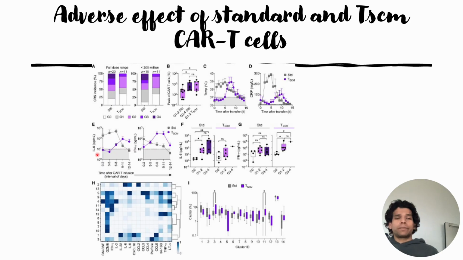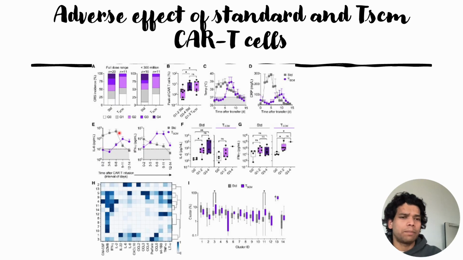Afterwards, carrying forward, they wanted to find out what kind of cytokines play a role or drive these inflammations in both the groups. So they did the cytokine profiling, and from that they found that IL-6 is mainly responsible.